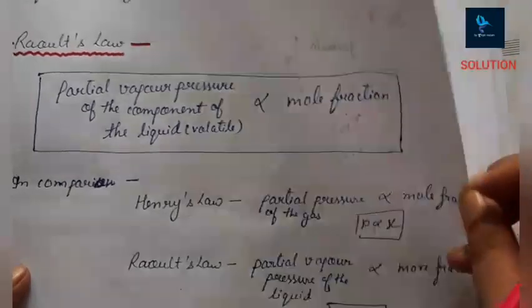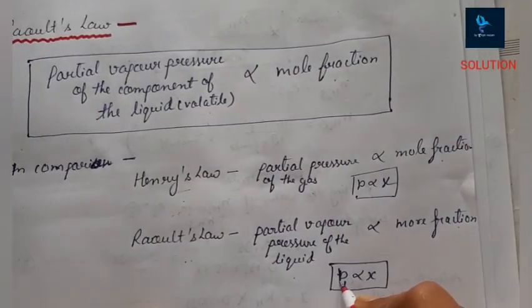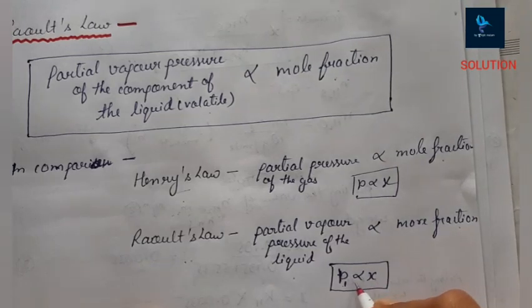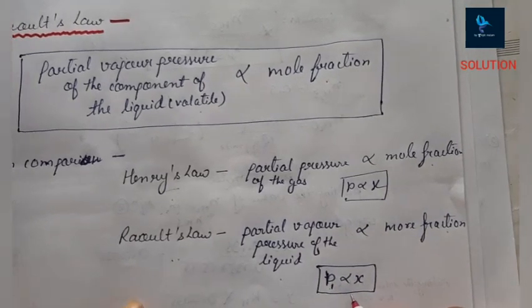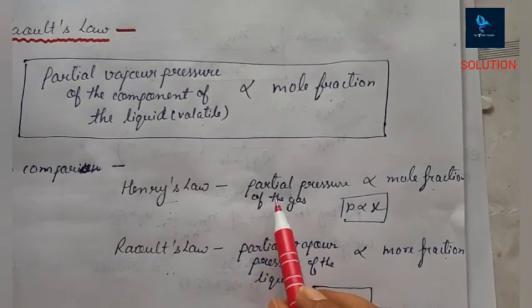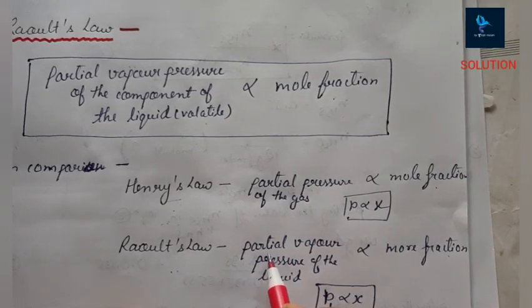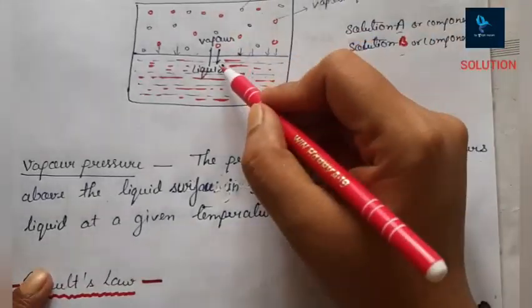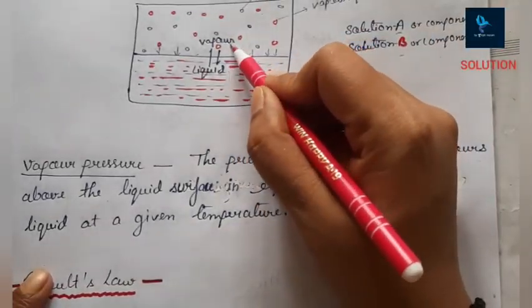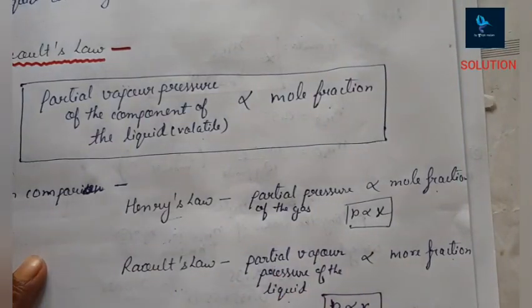Here we can write the partial vapor pressure as P1, directly proportional to the mole fraction. In Henry's law we use the partial pressure of the gas, but in Raoult's law we use the partial vapor pressure of the liquid, because here the liquid forms the vapor.